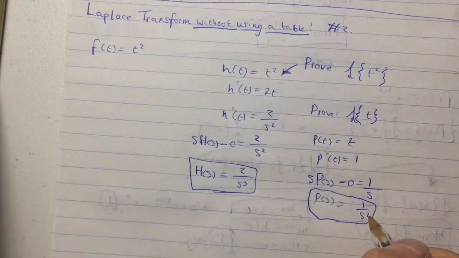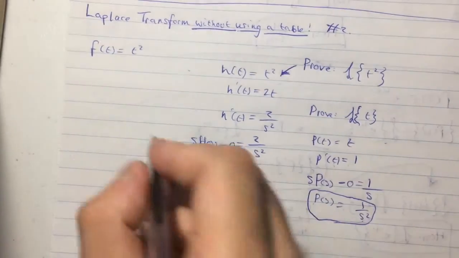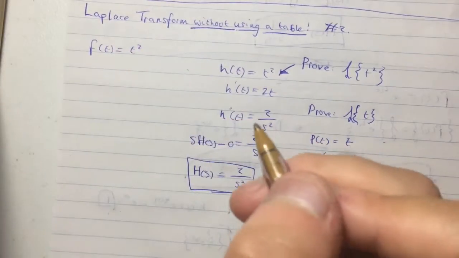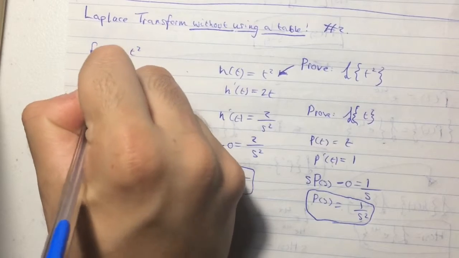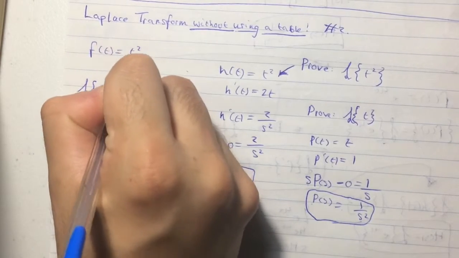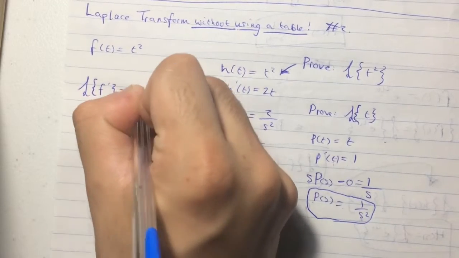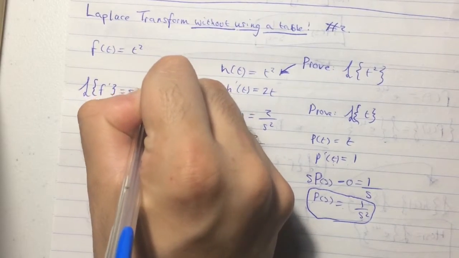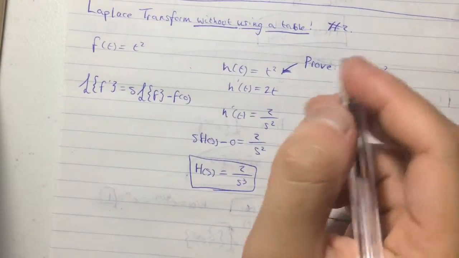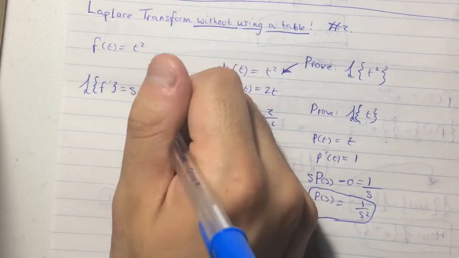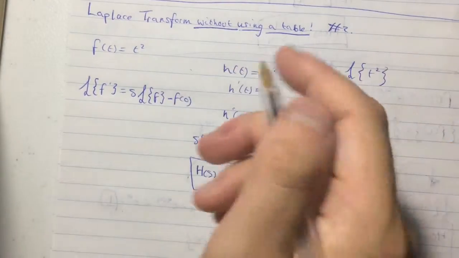You solve for Ps when you use the Laplace transform derivative formula. By the way, I haven't actually explicitly written that formula in this video, but if I take the Laplace transform of the first derivative of the function, that's s multiplied by the Laplace transform of f minus f of 0, where the Laplace transform of f is just going to be capital F, or Fs.